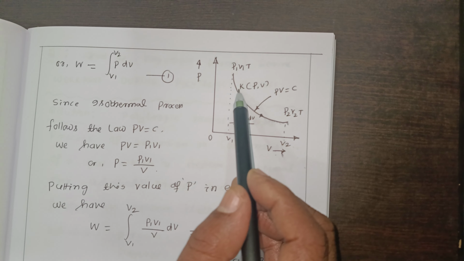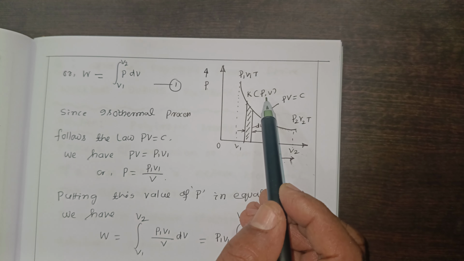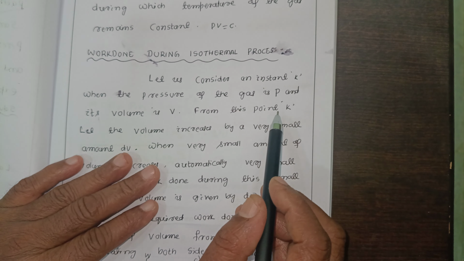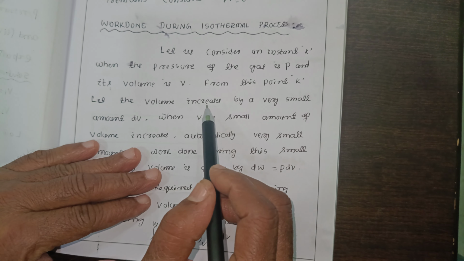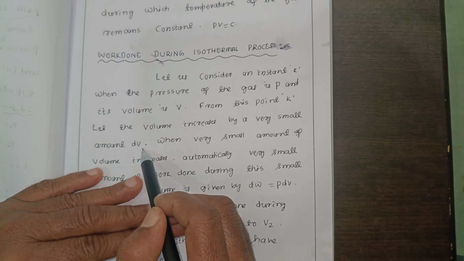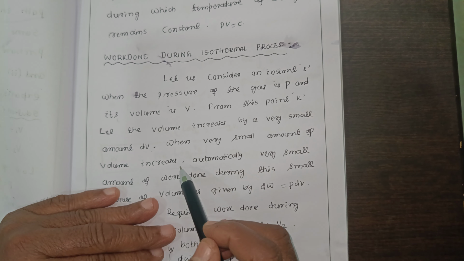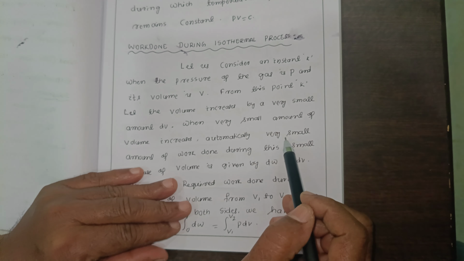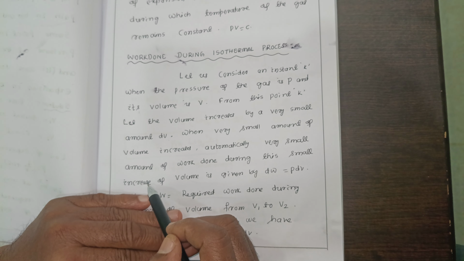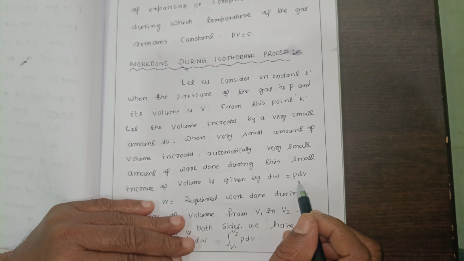Let us consider point K where pressure of the gas is P and volume of the gas is V. From this point K, let the volume increase by a very small amount dV. When a very small amount of volume increases, the very small amount of work done during this small increase of volume is given by dW is equal to PdV.